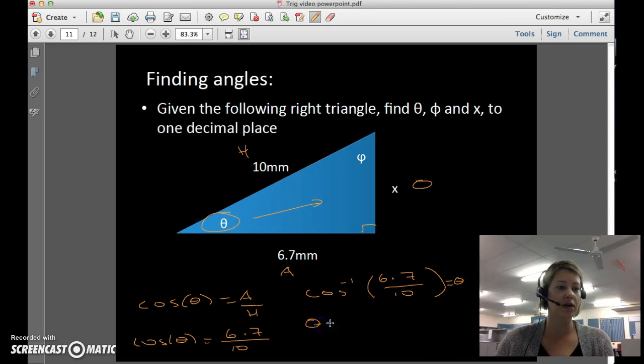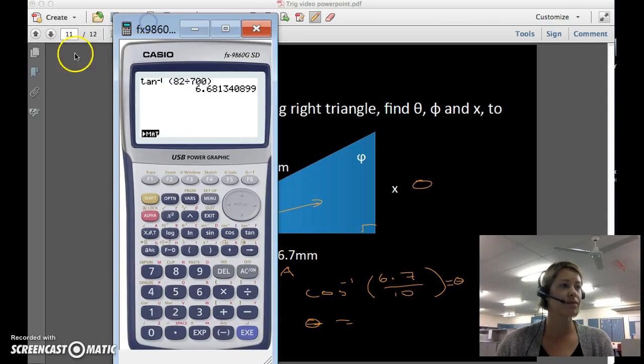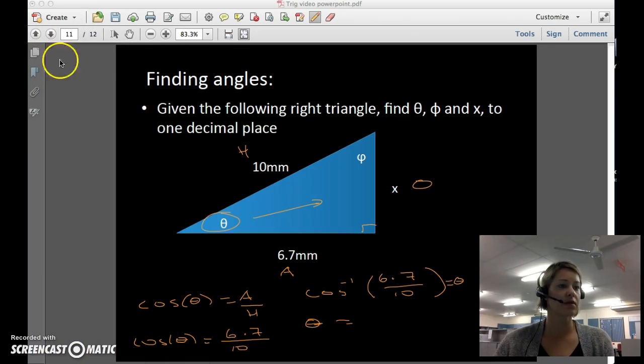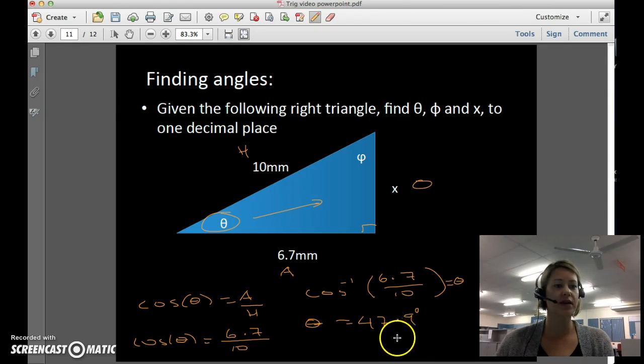So theta equals, we have again the second function cos, open bracket, 6.7 divided by 10, equals 47.9 degrees. So that's our value then for theta.